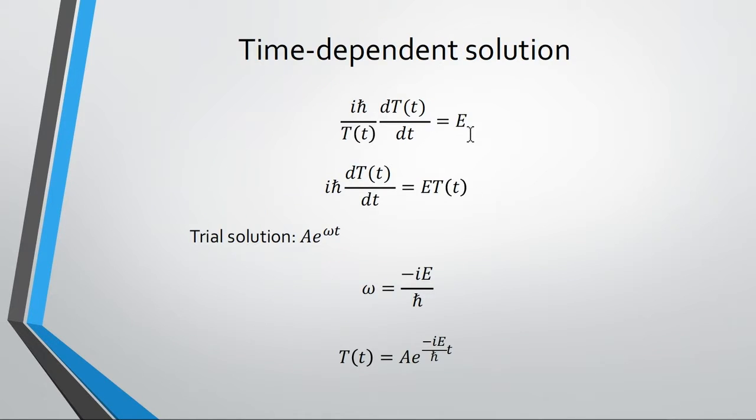So the first equation, which is in terms of the time-dependent functions, is just a first-order differential equation. And if we try the trial solution of A e to the power omega t, we find that T is equal to A e to the minus iE over h bar t. And physically what this represents is the evolution of the wave function with time.